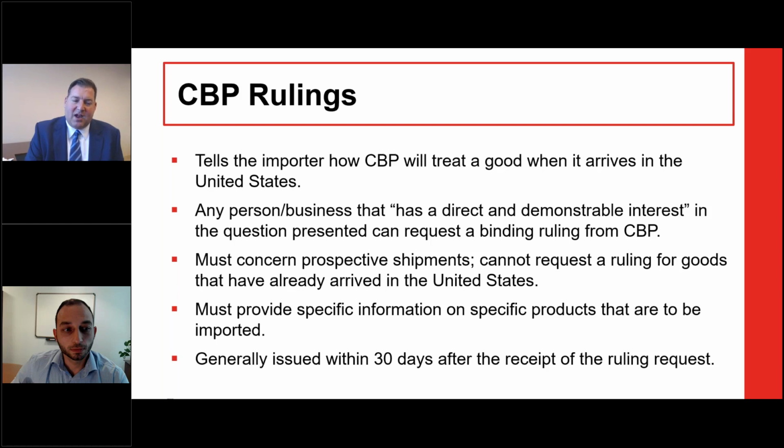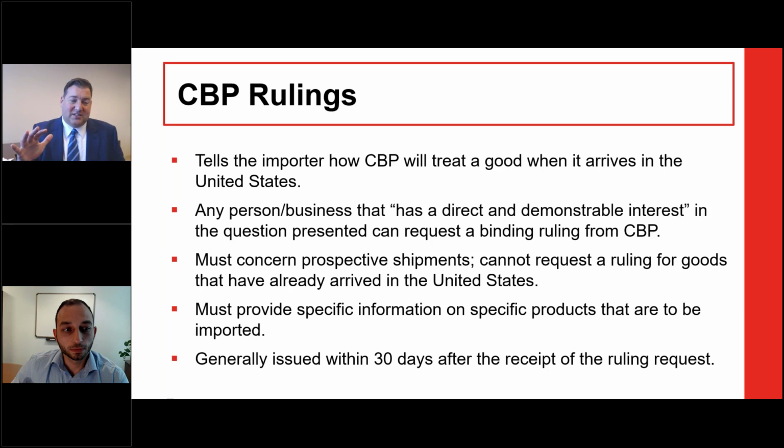But it is an important reminder as we go into session 3 in this 4-part series about preferential trade agreements. One of the confusing parts of USMCA is you bring a good subject to China tariffs or anti-dumping duties into, say, Mexico or Canada, and then you try to claim USMCA preferences into the US.